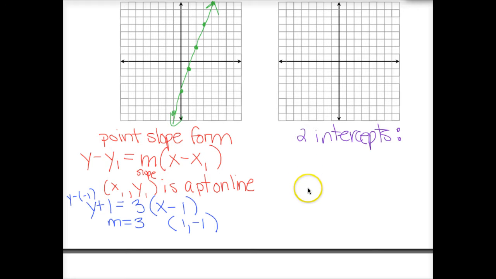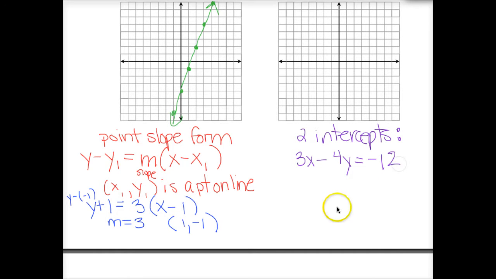Most of the time when I'm trying to solve via intercepts, it looks something like 3x minus 4y equals, let's say negative 15. No, let's not say negative 15.